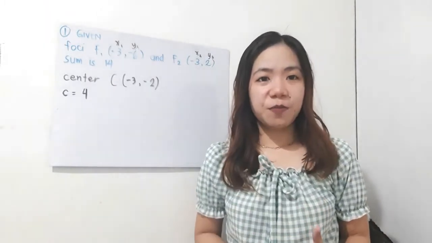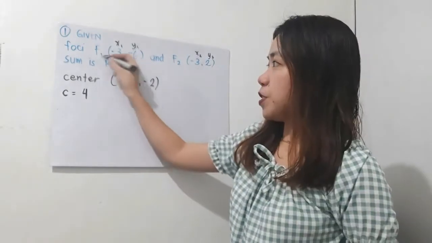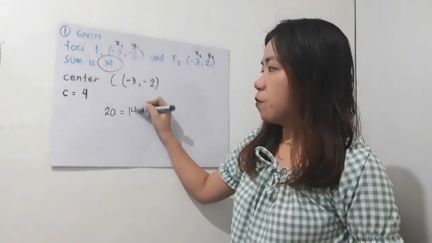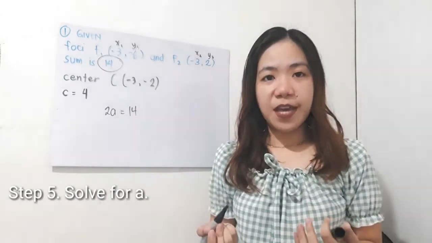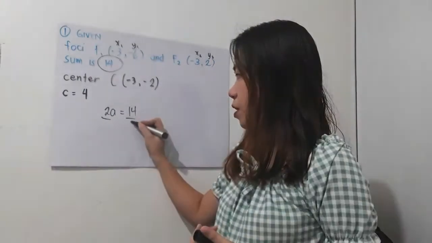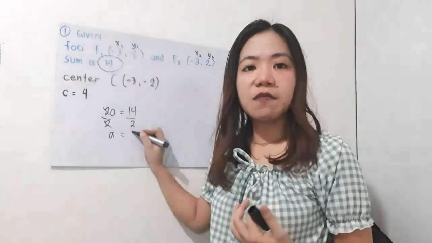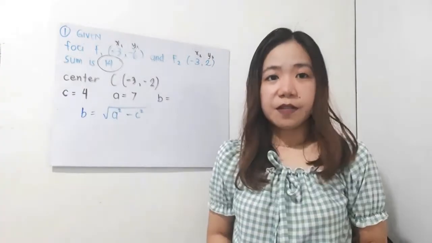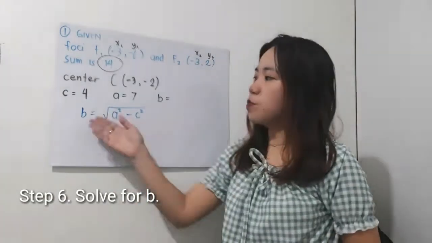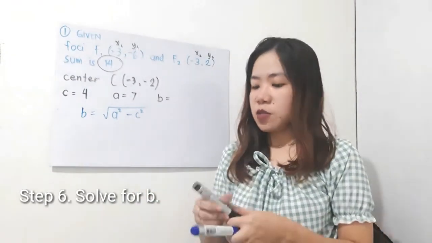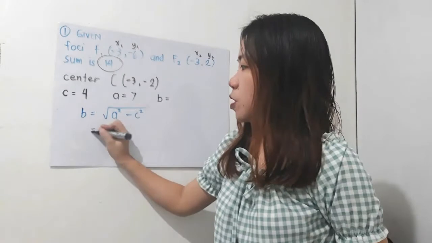From the given sum, we have 14. That means to say 2a is equal to 14. And for us to get the value of a, we'll divide this by 2. So cancel. a is equal to 14 divided by 2, which is 7. This time we'll find the value of b using the formula b equals the square root of a squared minus c squared. Now let's just substitute.